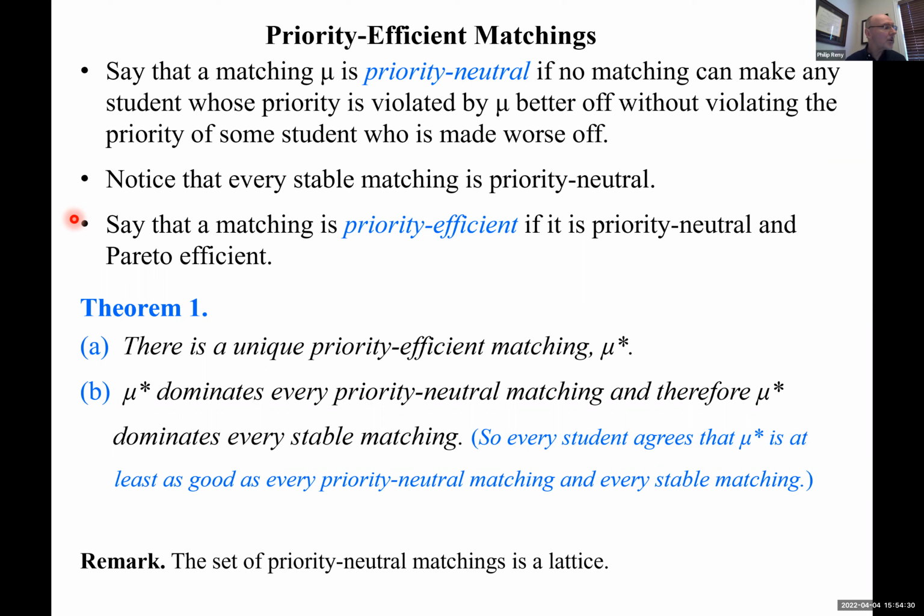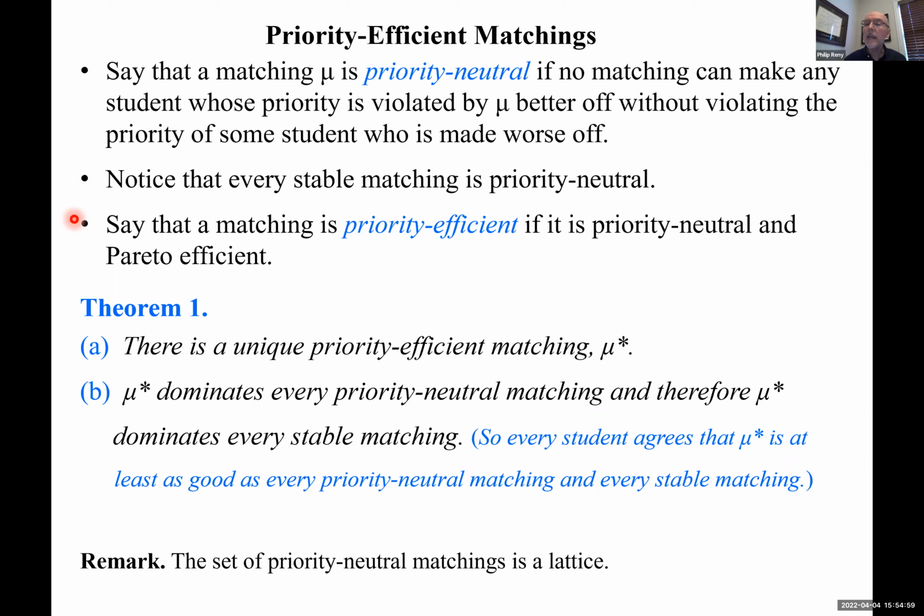I think there are several things. What this is saying is that if what you want to do is respect only the school's original priorities and not the randomization, then there will be multiple matchings.